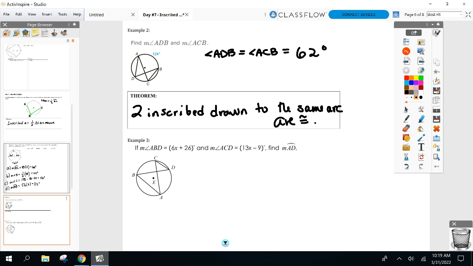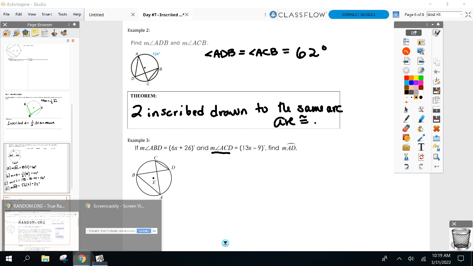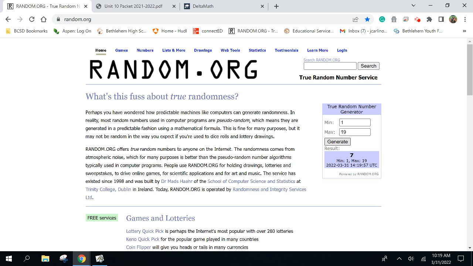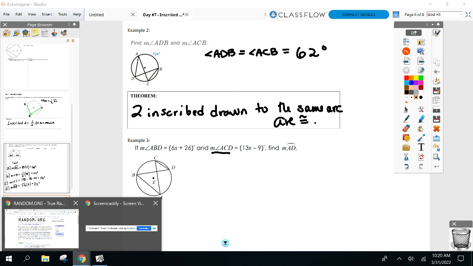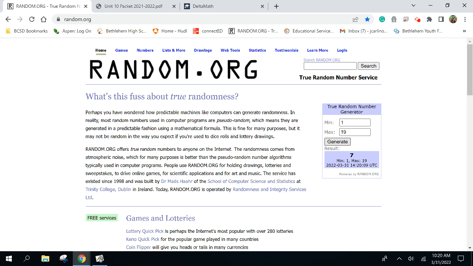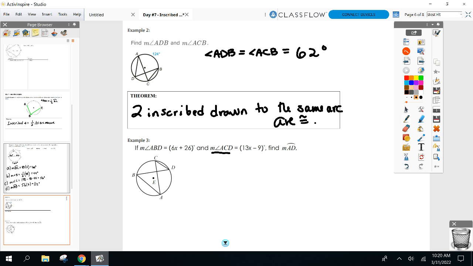What type of angle is ACD? Inscribed. They're both drawn. Everyone see? Both those angles are drawn to which arc? Same arc. Two inscribed angles drawn on the same arc are equal.